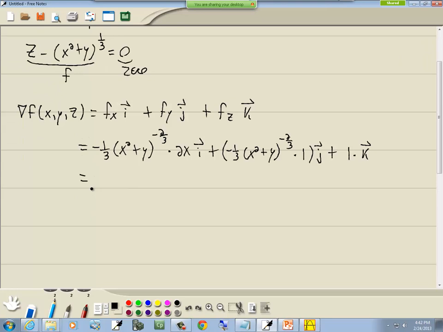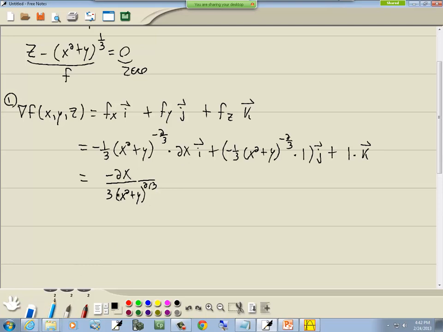This is step 1. Which is going to give us negative 1 over 3 times (x squared plus y) to the 2/3. Actually, I guess I need 2x up on top, don't I? Okay.